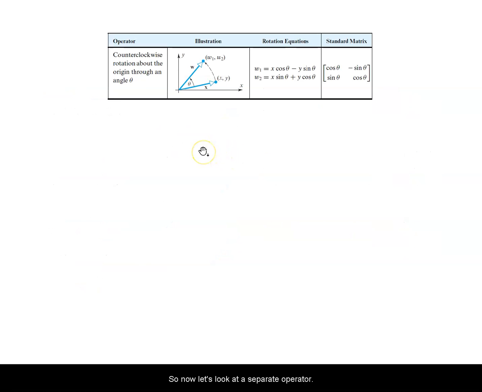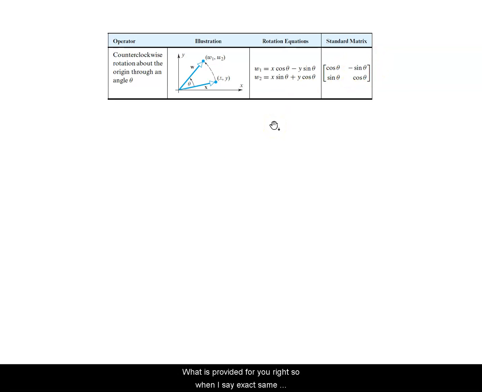All right, so now let's look at a separate operator: rotations. Let's say we want to do a counterclockwise rotation. If you think about trig, all angles go in a counterclockwise manner. We can do the exact same thing that we would normally do, but it's provided for you.